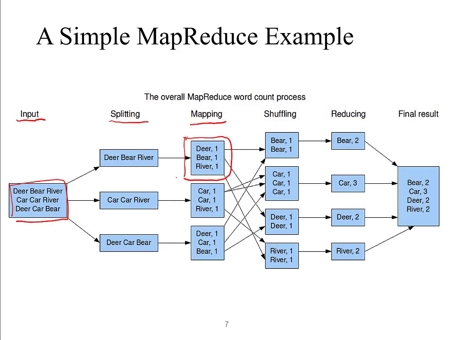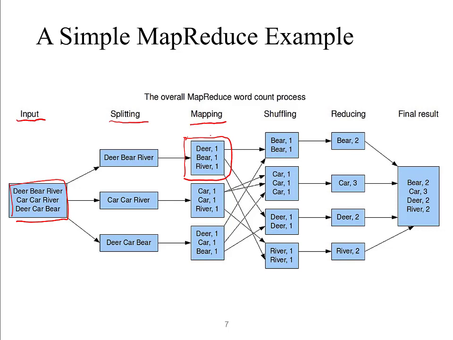In our example, the map function will contain the logic to count the occurrence of each word, and each occurrence is captured as a key value pair, like Deer 1, Bear 1, and River 1, such kind of key value pair.